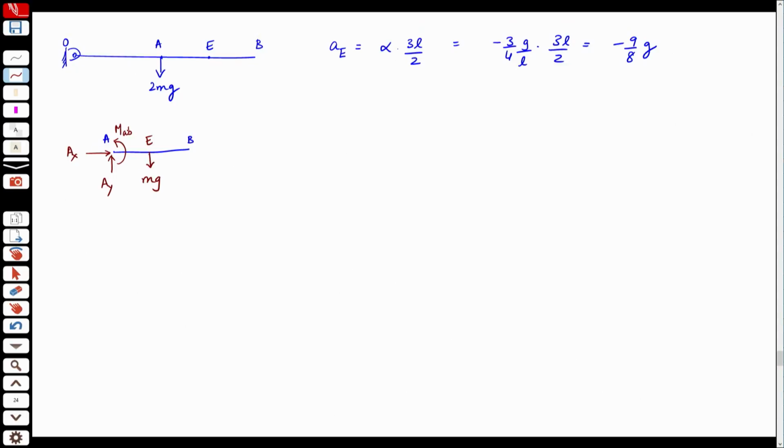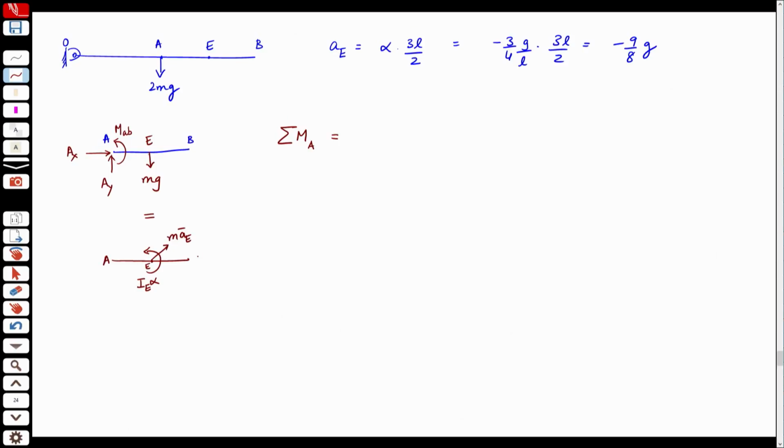Let us say I want to compute the moment about A. The kinetic diagram for this would be: at the center of mass, I have m A E, I am just assuming some arbitrary direction, and I have I E alpha, the moment of inertia about E, because E is the center of mass for this rod.